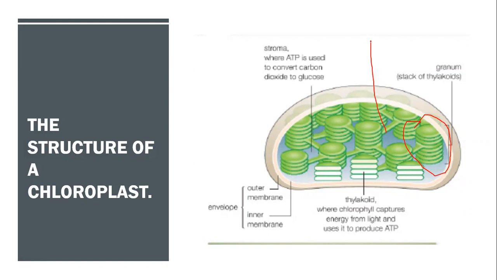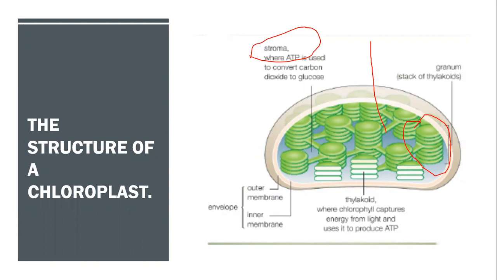Now, around this entire structure inside the chloroplast, we have a matrix. The matrix is known as stroma. Now, when we talk about the thylakoid, inside the thylakoid we have the chlorophyll. So inside the thylakoid membrane, that is where light energy is going to be captured.